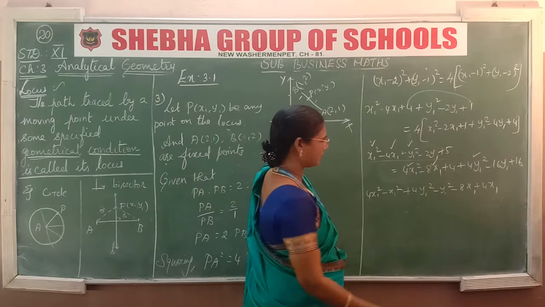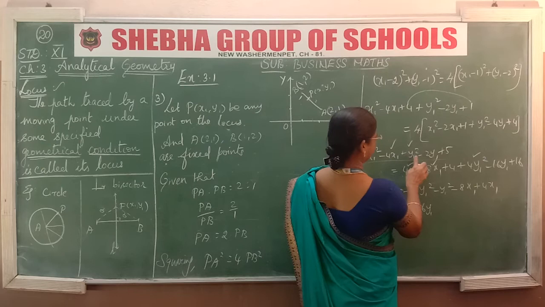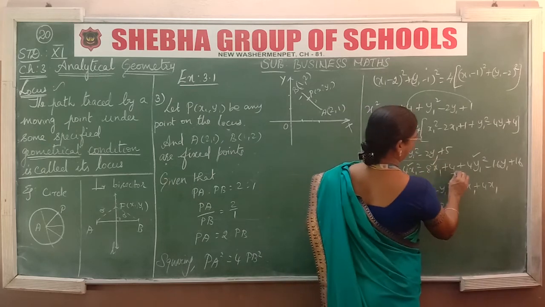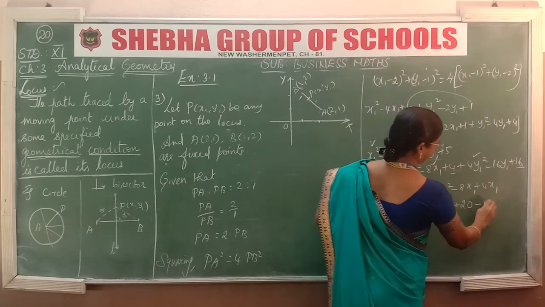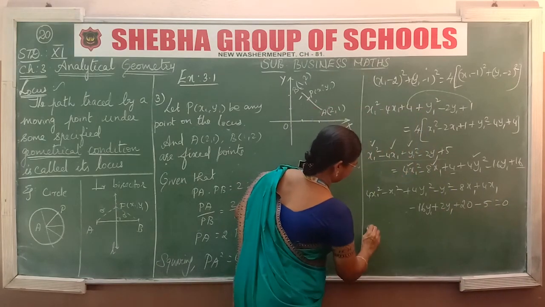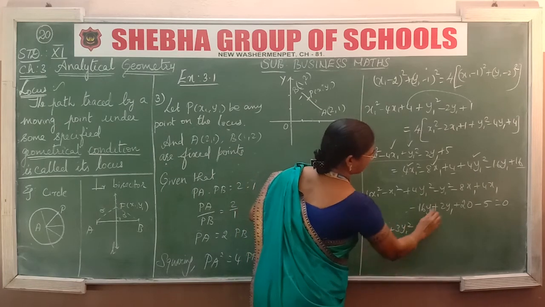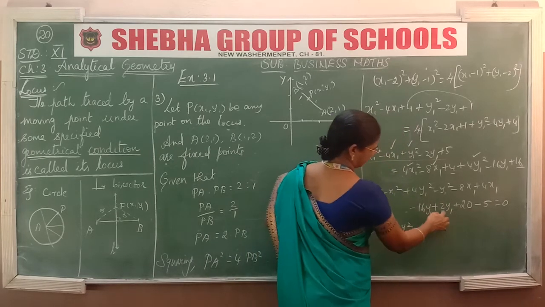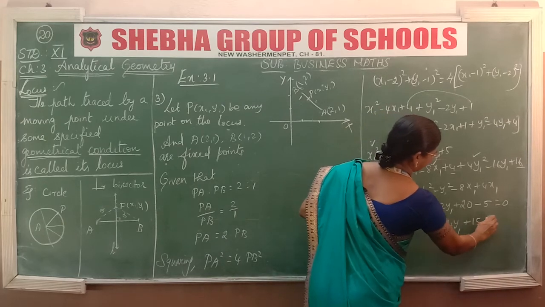Next take the y1 term, that is −16y1, and here −2y1 plus 2y1, and also 4 plus 16 becomes 20, and the 5 on moving to the right hand side becomes minus 5, which is equal to 0. Now subtracting, we get 3x1², here also 3y1², and −8 plus 4 becomes −4x1, −16 plus 2 is −14y1, 20 − 5 is plus 15, equal to 0.